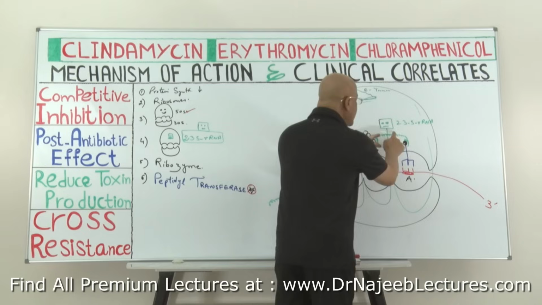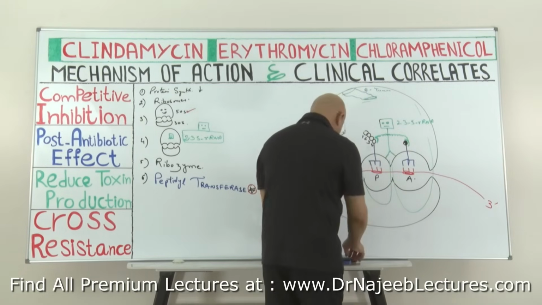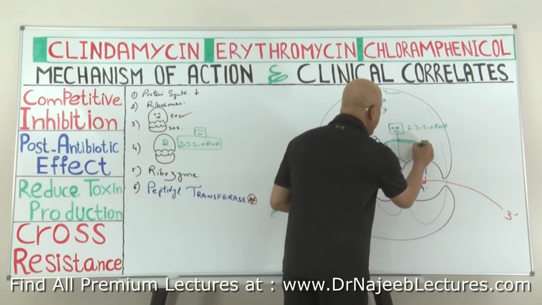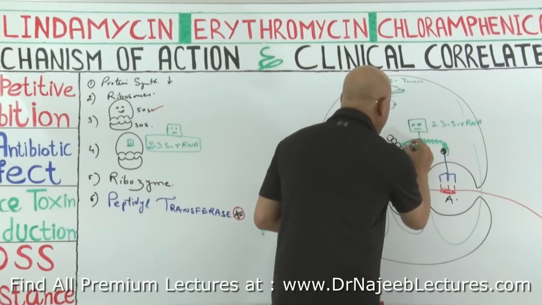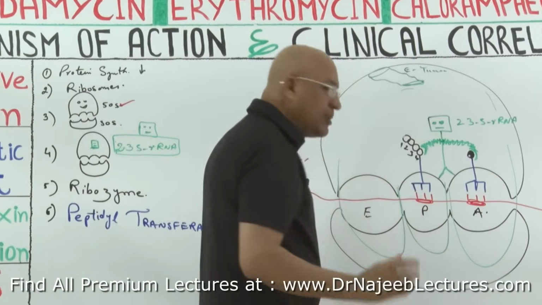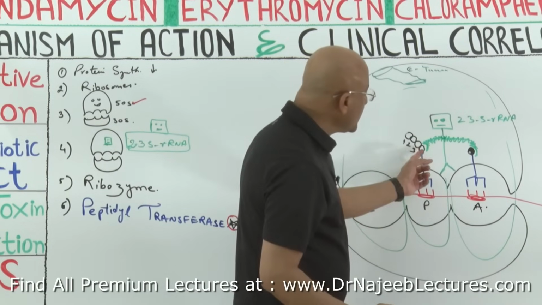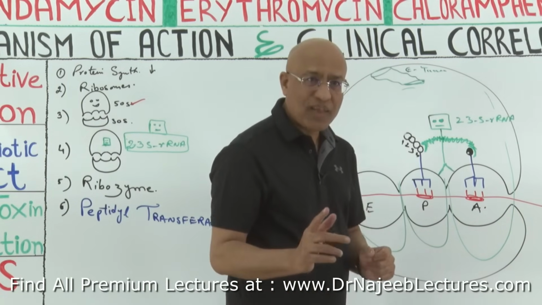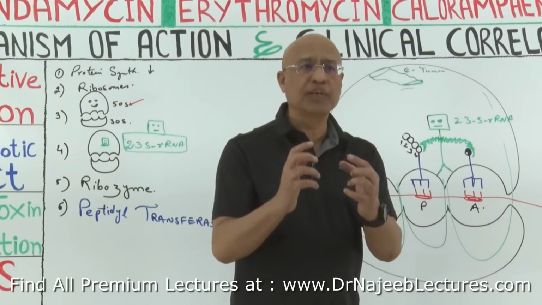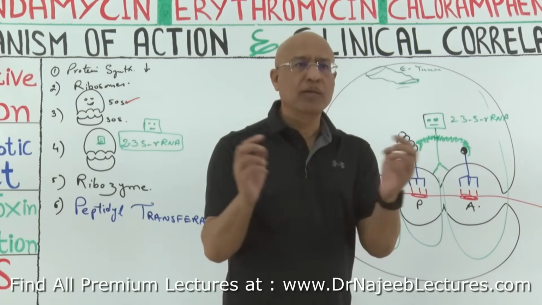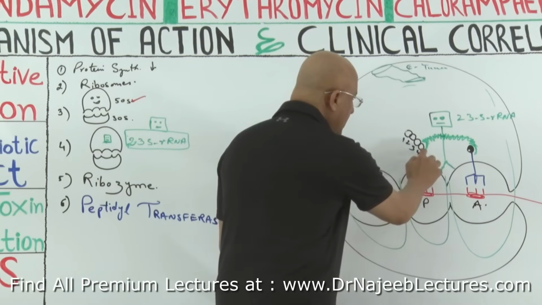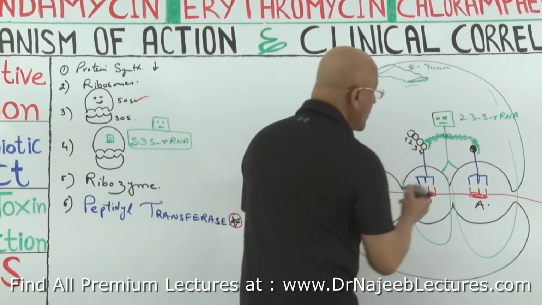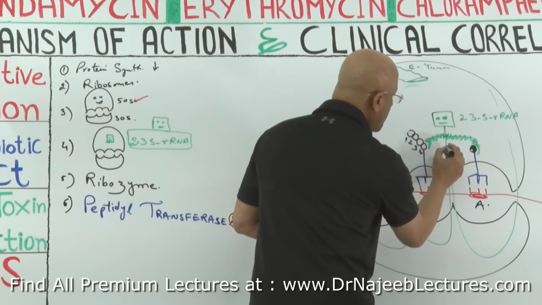Now, what is the function of these two domains? The function of these two domains is that they will orient these amino acids in such a way that they help in formation of a peptide bond between the newly coming amino acid and the oligopeptide chain.